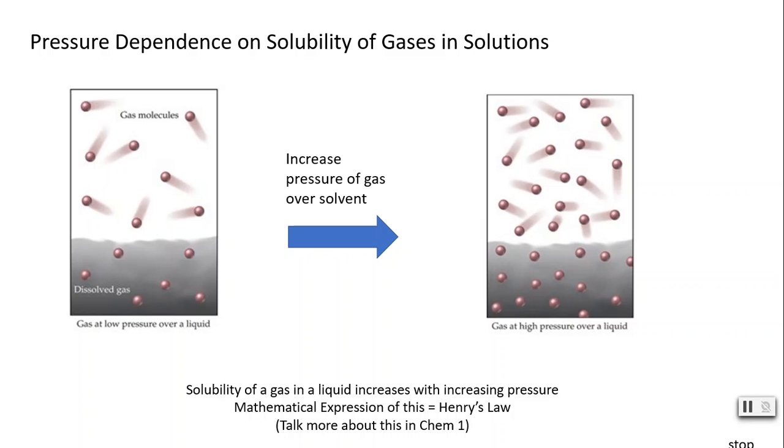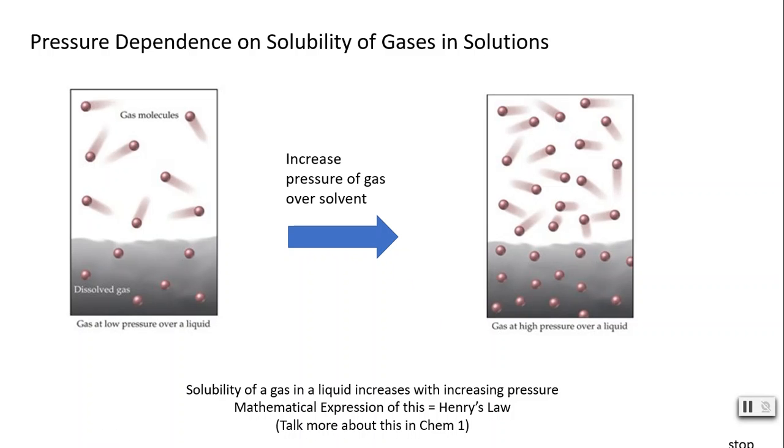The mathematical expression that dictates that phenomenon is called Henry's law. You talk more about it in Chem 1 if you take other chemistry classes. If you decide to do the bonus that is associated with the Chapter 13 quiz, there is a bonus question about Henry's law. I give you everything that you need to solve the equation.